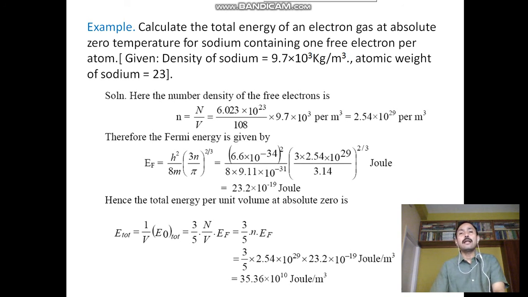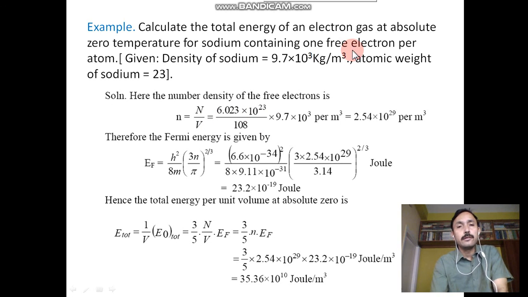Calculate the total energy of an electron gas at absolute zero temperature for sodium containing 1 free electron per atom. Given the density of sodium is 9.7 × 10^3 kg per meter cube and the atomic weight of sodium is 23. Now the density of the free electrons is small n is equal to capital N by V. Already we know 6.023 × 10^23 by its atomic weight.